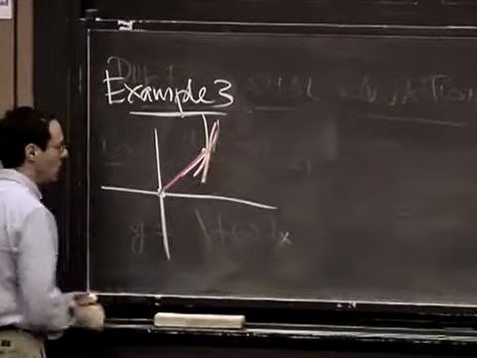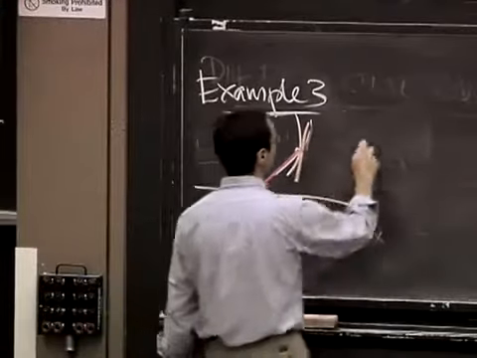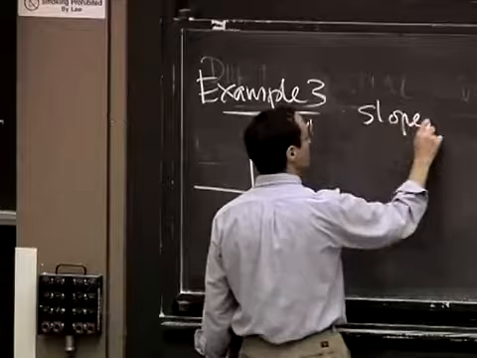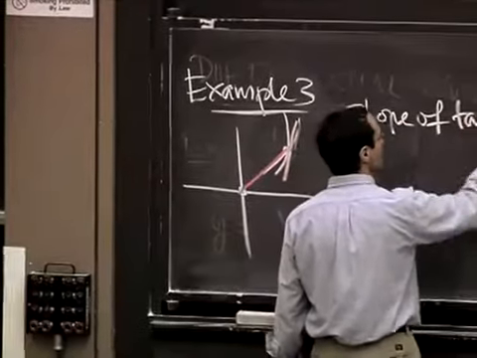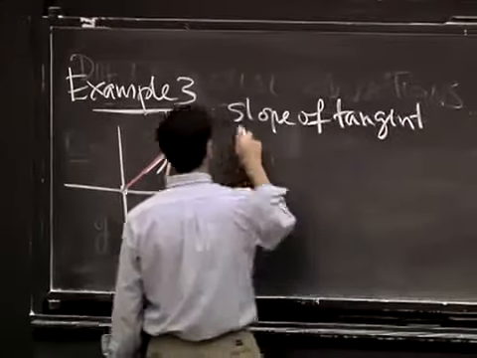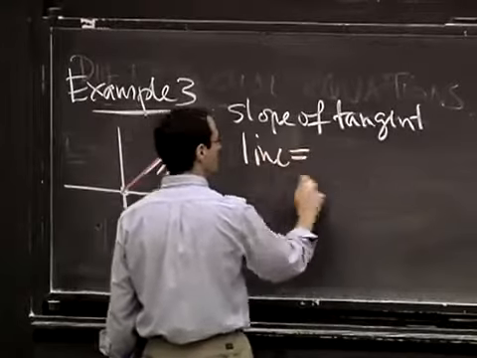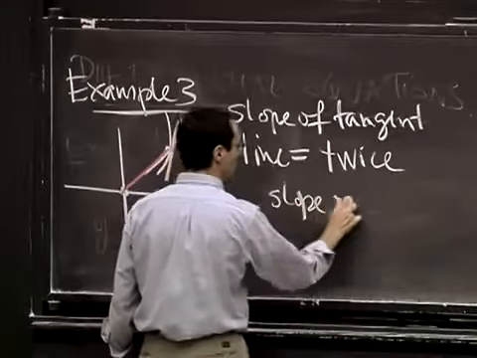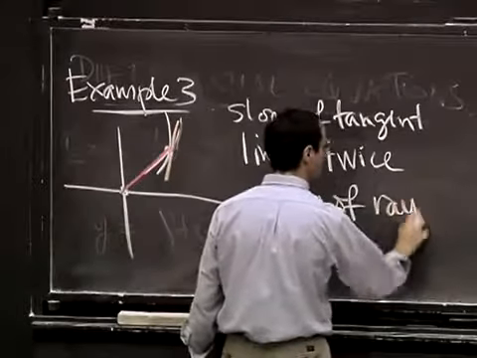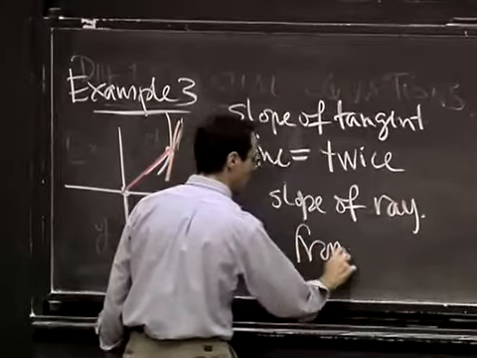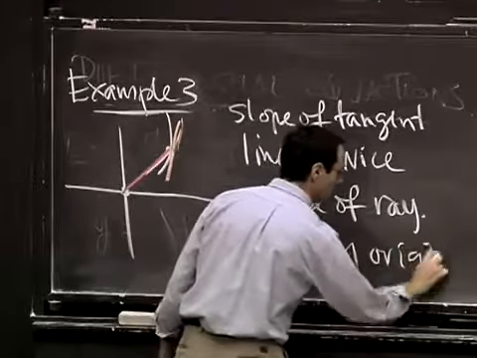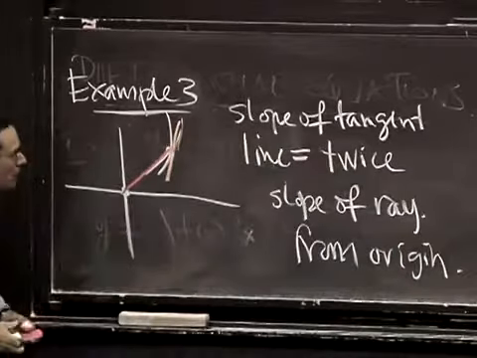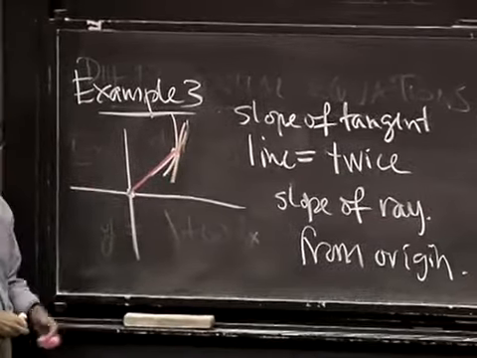ray from the origin. So in other words, slope of tangent line equals twice slope of ray from origin. All right, so the slope of this orange line is twice the slope of the pink line.